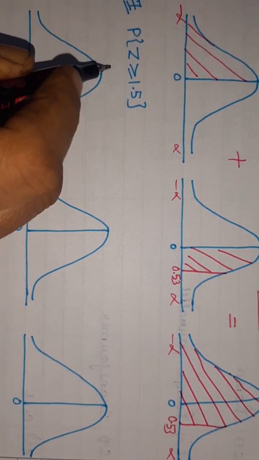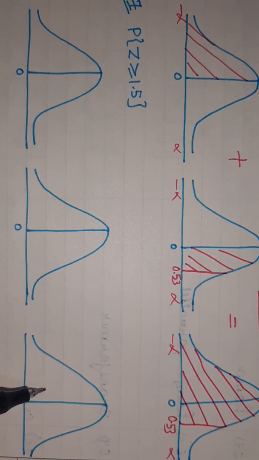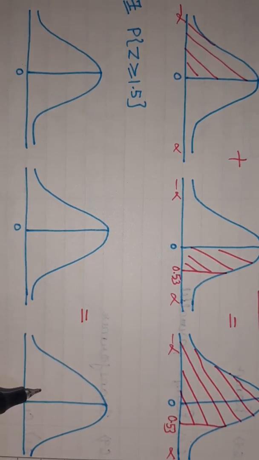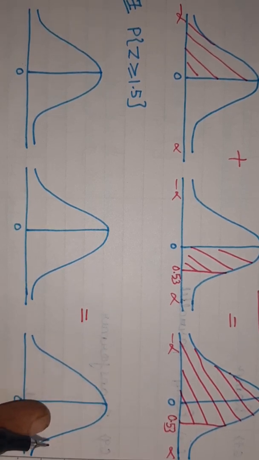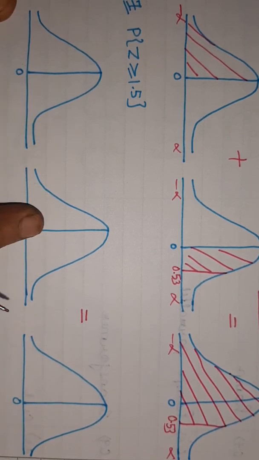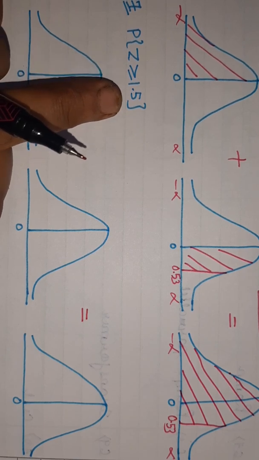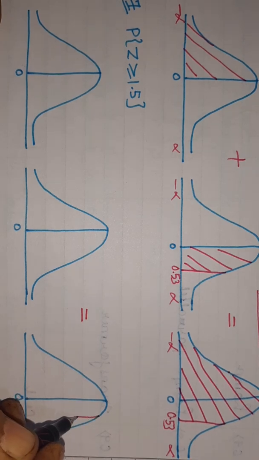Now remember, in these three diagrams, we will do the last diagram first. Why? Because once we find this area, only then will we understand how to find that area. Now see, here it is Z greater than or equal to 1.5. The 1.5 will be on this side because it is positive.